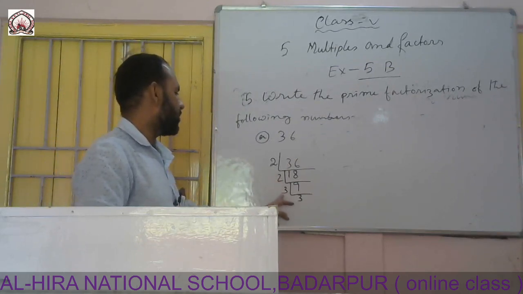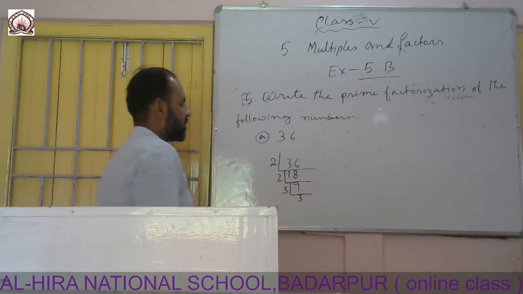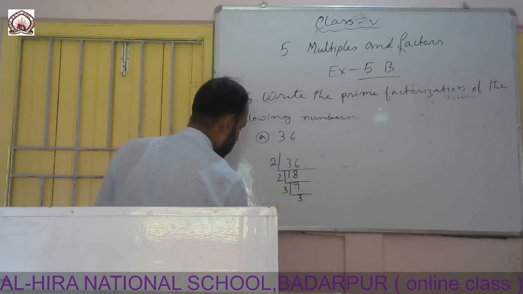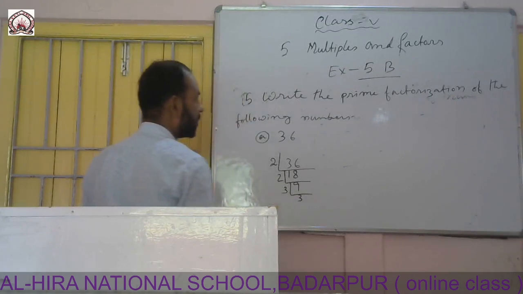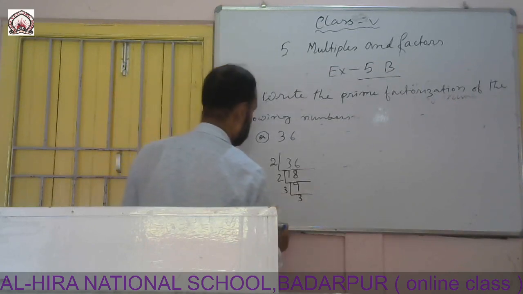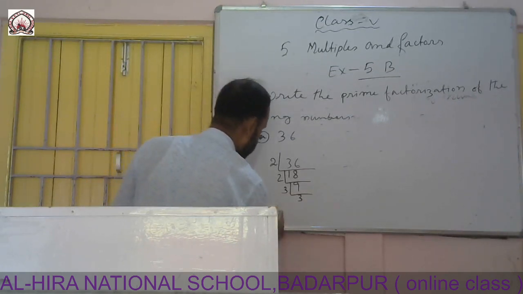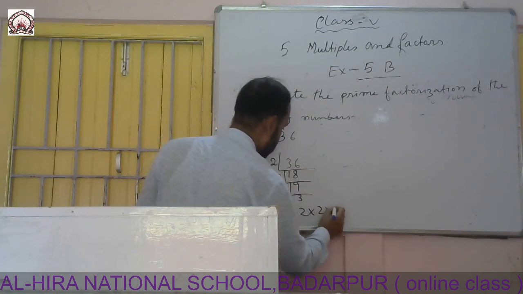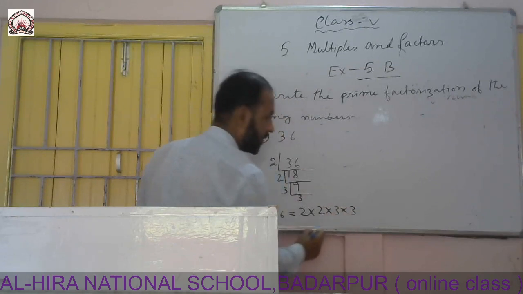All are prime numbers. 2 and 3 are prime numbers, so it is called prime factorization. Therefore 36 equals 2 into 2 into 3 into 3.